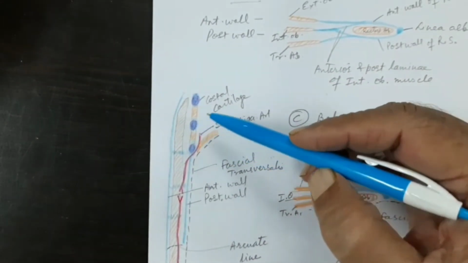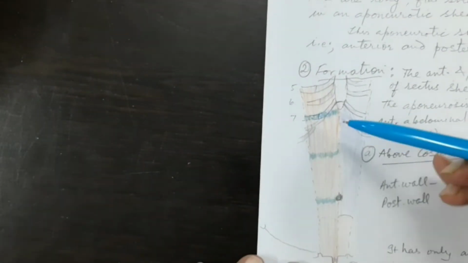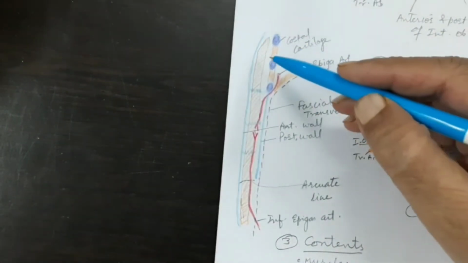You can understand this with this diagram also. This is a longitudinal section passing through the costal cartilage, diagrammatically represented, passing through the rectus abdominis muscle on one side.